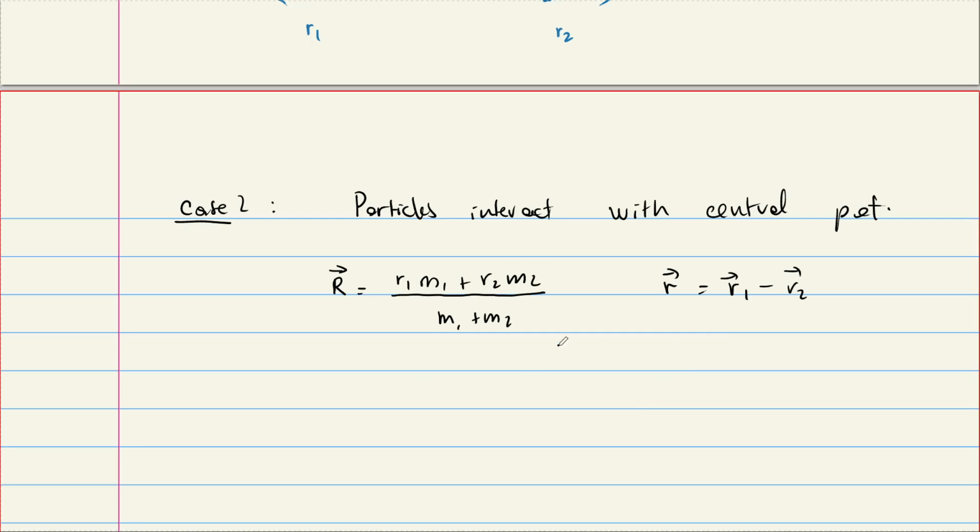Because the potential is central, this V of R1, R2 only depends on the magnitude of R1 minus R2. And in that case, we can reduce the two-body problem to a one-body problem, like we talked about before.